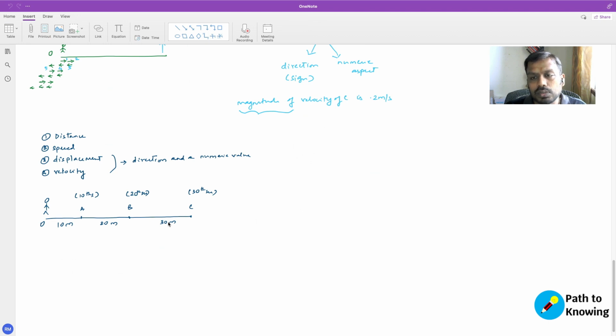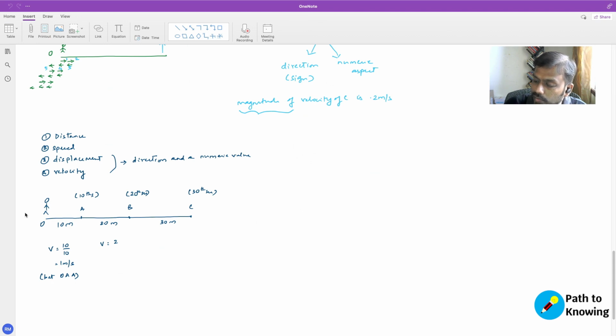Now what does it say about this person? It means that the velocity has been different in all three sections. When I say velocity, I mean the magnitude of the velocity. The magnitude of velocity is 10 over 10, which is 1 meter per second, between O and A. However, between A and B the magnitude of velocity is 20 by 10, which is 2 meters per second.